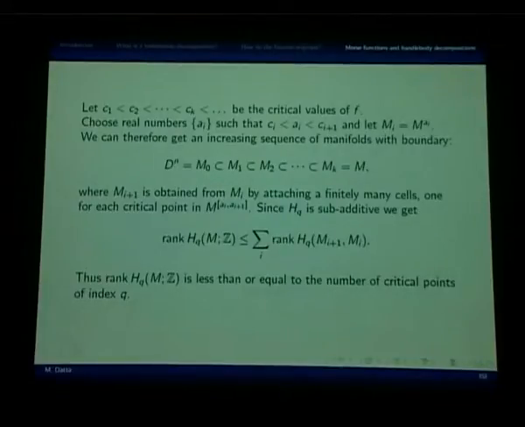As you are passing through any critical value ci, it is not necessary that there will be only one critical point. There may be finitely many critical points, but corresponding to each critical point you can attach a handle, and the handles can be attached disjointly. So here M(i+1) is obtained from Mi by attaching finitely many cells.